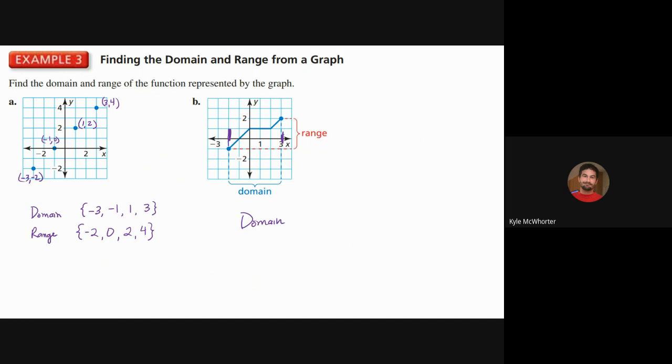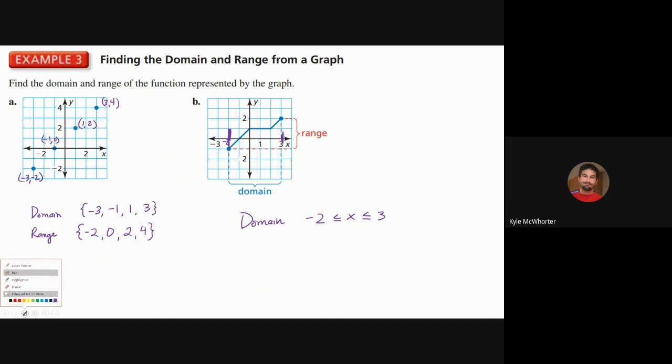Remember, we do an in-between statement with the lowest number on the left. So the lowest x value is right here at -2, and it has a solid circle. So -2 can actually be an x value, so we need to do less than or equal to x, less than or equal to, the highest value it could be is 3. So the domain is every x value from -2 to 3, including -2 and 3.